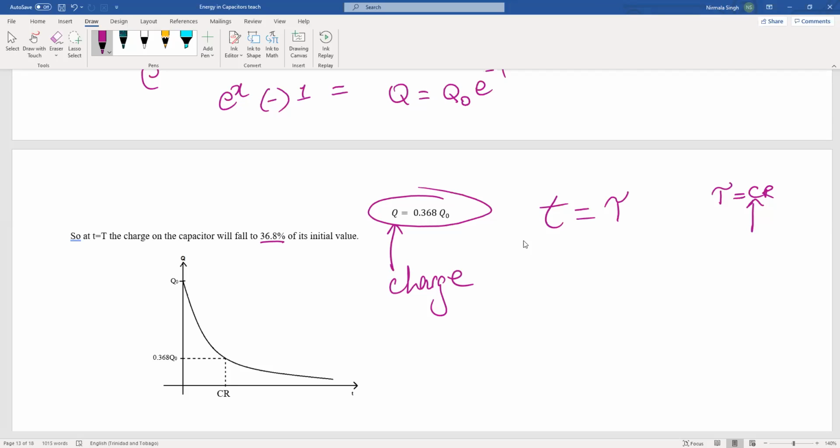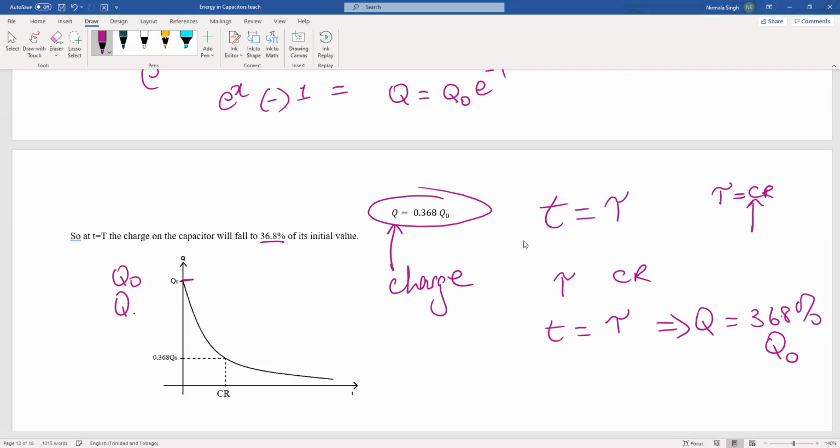Now, this is going to come in really handy when we have to do our capacitor labs. Please note, we can always work out our time constant, and when our time is equal to the time constant, our charge will be 36.8% of the initial charge. Somebody can tell you the initial charge, the final charge, and the capacitance, and then ask you to find the value of the resistor connected to your circuit.